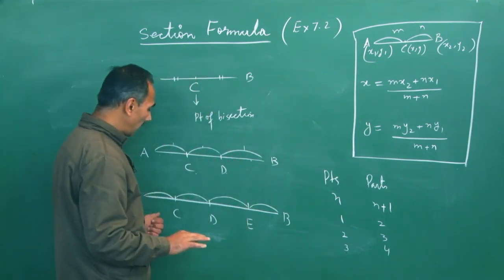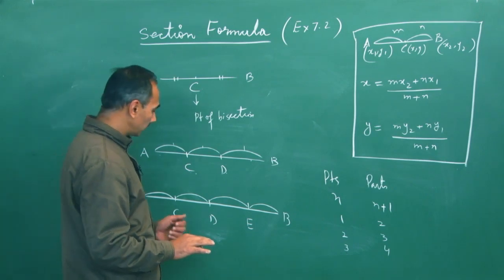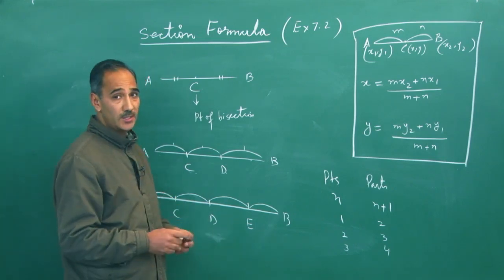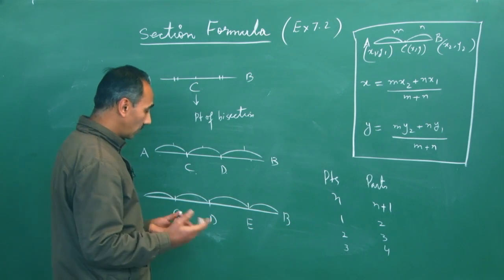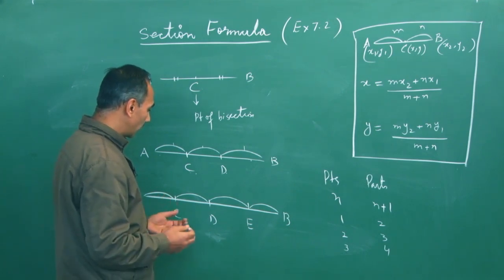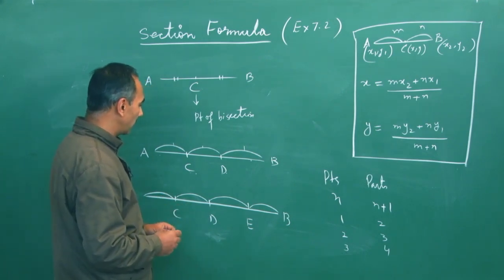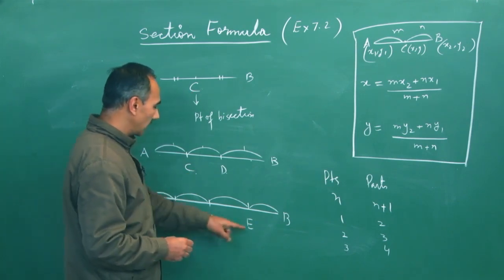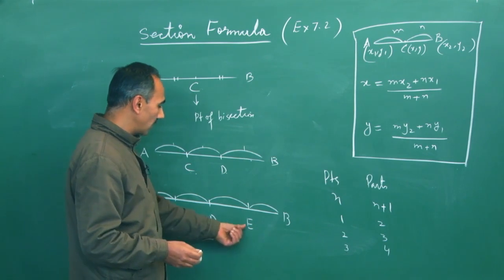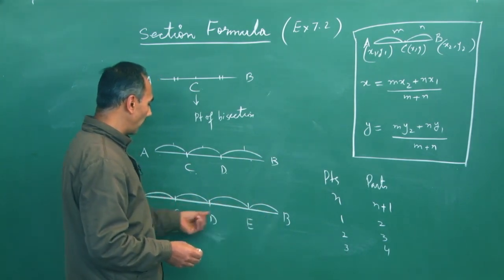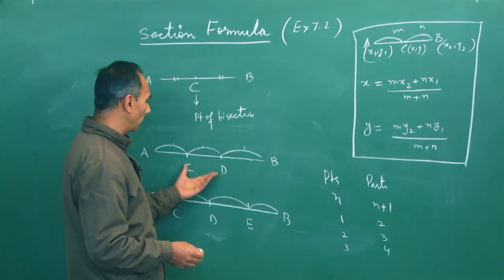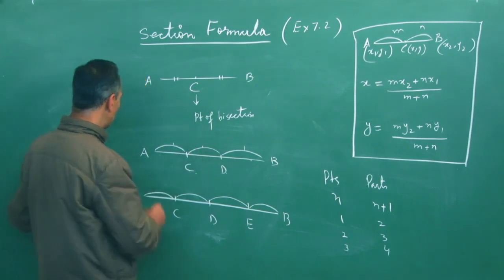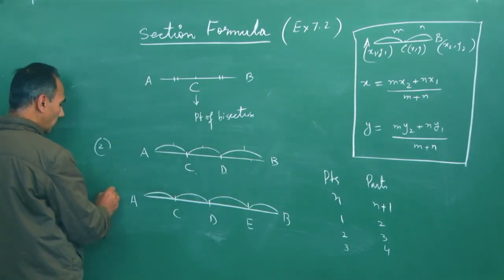You could use the word quadrisection, quad is 4, or tetrasection, I think that's a better word. So this is bisection, this is trisection, this is tetra, divided into 4. So 3 points divide into 4 parts, 2 points divide into 3, and so on. Now this is your question number 2, this is your question number 9.